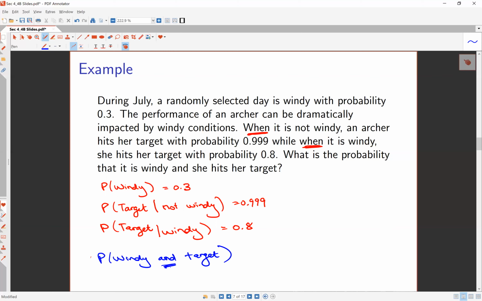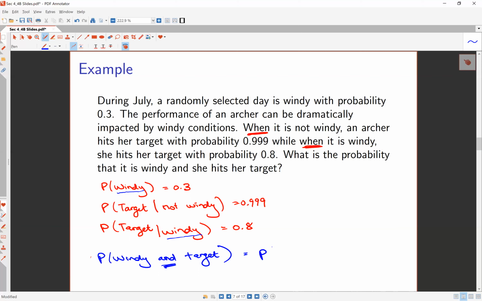What's really helpful is that because I've written down all the provided information, I already see, oh, I have conditioning happening here. Maybe I can exploit that conditioning. I have a statement where I'm conditioning on it being windy. And so if I see that, my next question should be, do I also just have the probability of it being windy on its own?